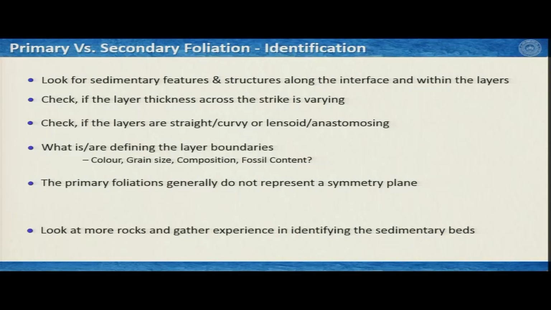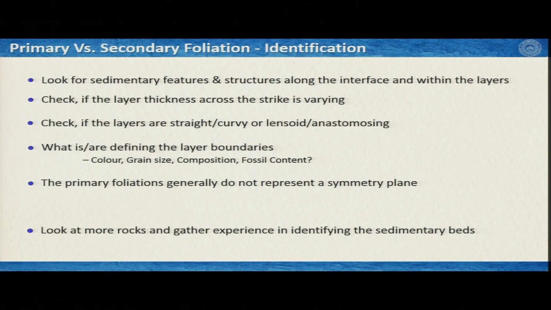This is an important part of studying structural geology in the field. So, the more you go to the field, the more you see the rocks, the more experienced you become in differentiating primary versus secondary foliations, but here I try to give you some clues or hints on how to figure this out in the field.